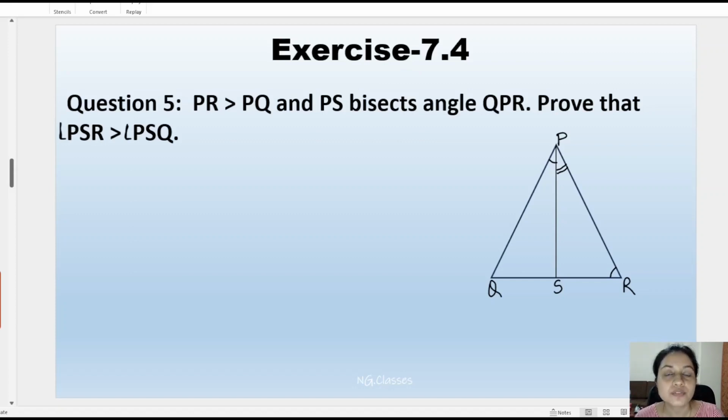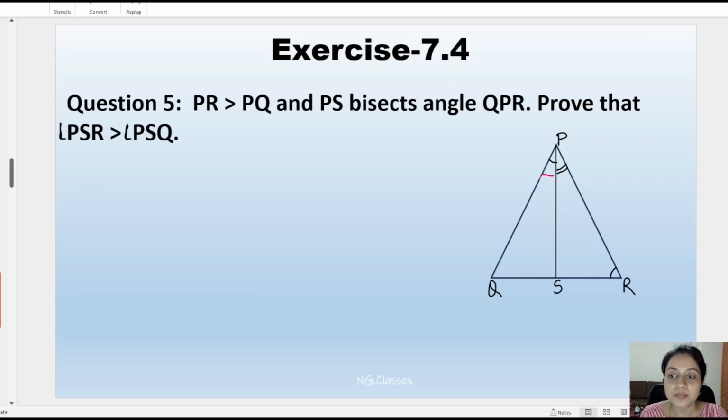Now let's solve one question which is based on the previous theorem. Our question says, in triangle PQR, the side PR is greater than the side PQ, and the line PS bisects angle QPR, as we can see in the figure.